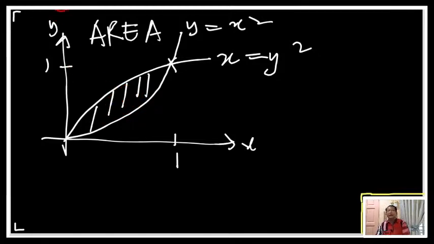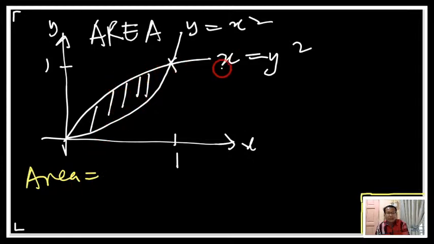It's very easy. You have two ways to solve this. One is top minus bottom, the other one is right minus left. Top minus bottom, you integrate against x. Right minus left, integrate against y. So the area is equal to, let's say, top minus bottom.